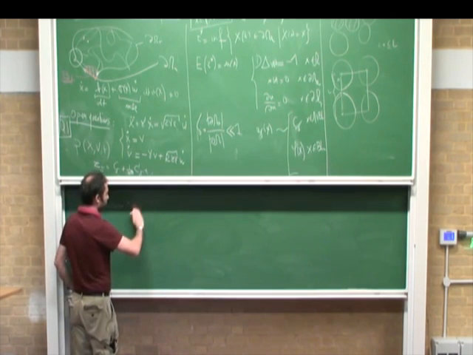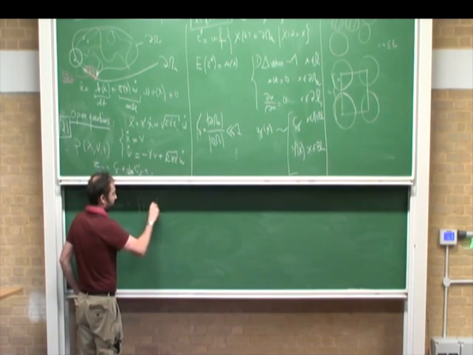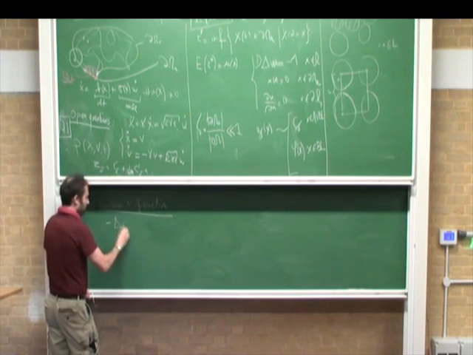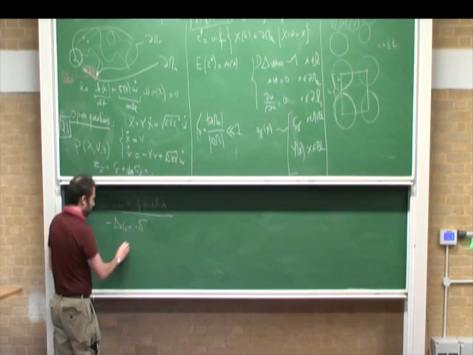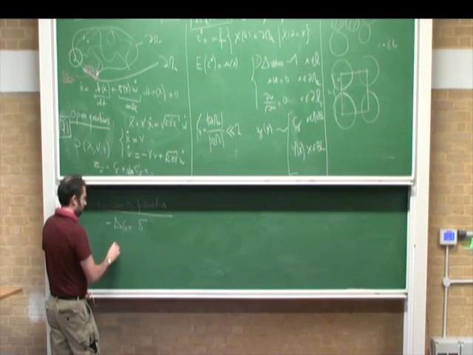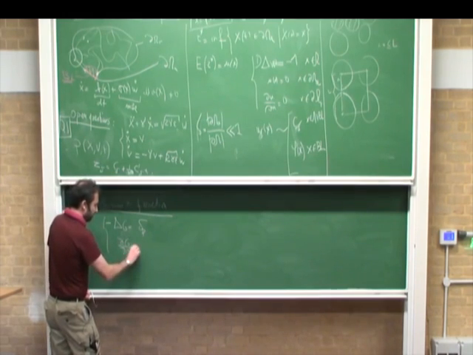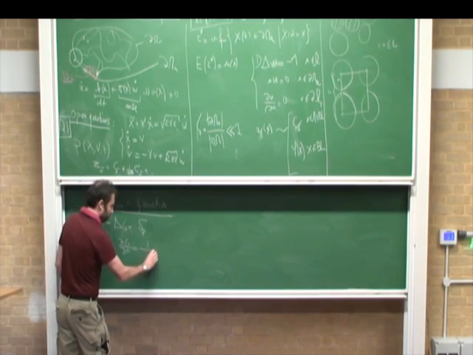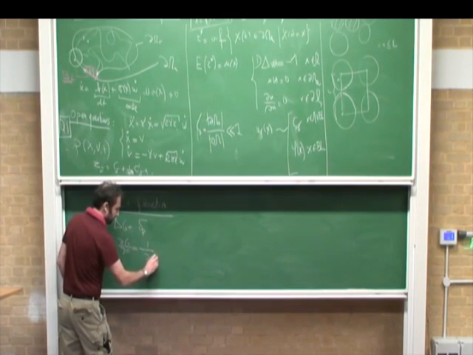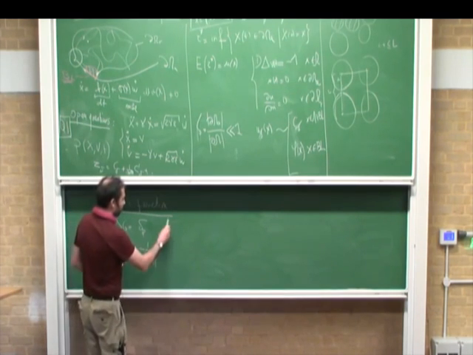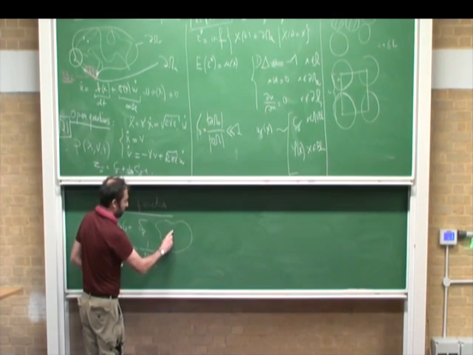You remember this was something like Laplacian G equals minus delta at point P. And then we said that the first derivative has to be equal to minus 1 divided by d omega. So we have the domain, we have a singularity at point P.